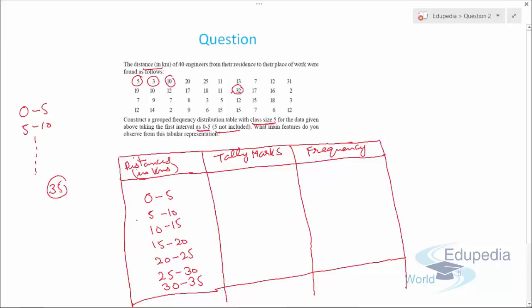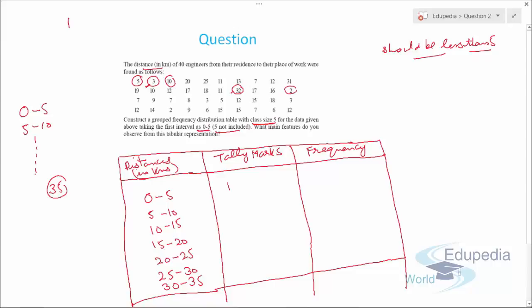Now, first of all, we need to find how many distances, or what frequency, will come between 0 to 5, right? So this means the value should be less than 5, right? So 3 will come, then 5 will not come because the upper value should not be included. So 3 will come, so we have 1. Let's draw a tally mark over here, 1. Then we need to search.